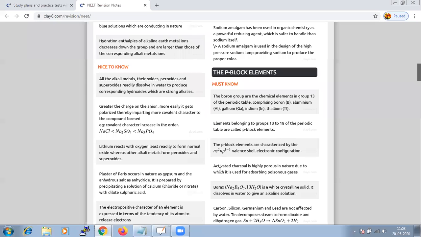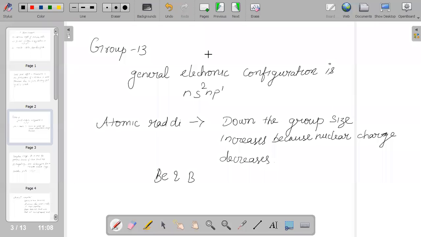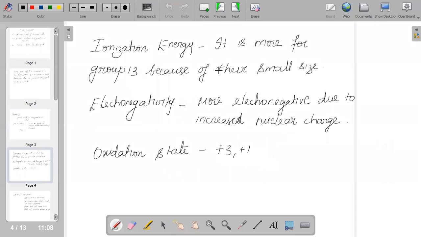And we have different compounds of boron or the P block elements, so how are we going to categorize them? Not only the ionic radii or the atomic radii, we also need to know how the ionization energy, electronegativity and oxidation state change, and how they differ from other elements or other groups.